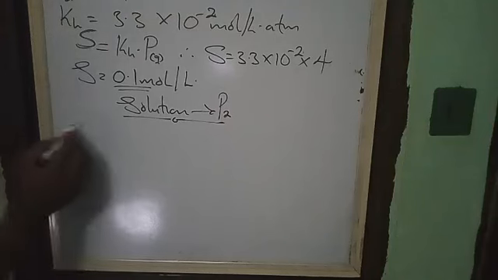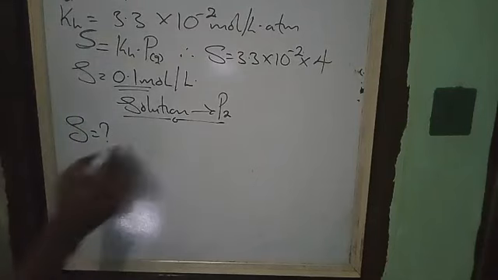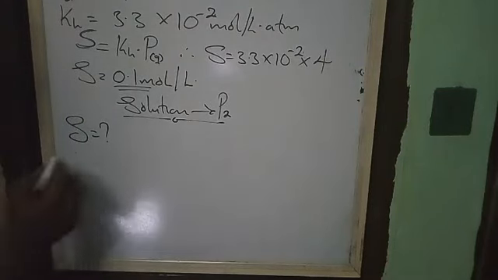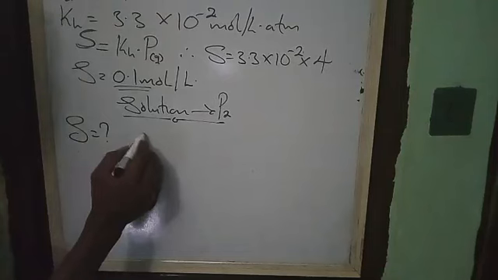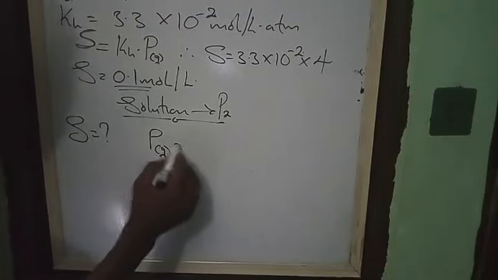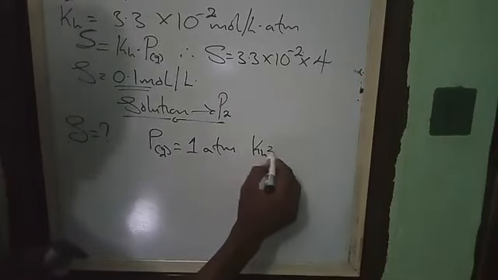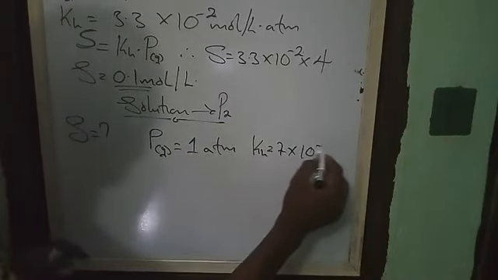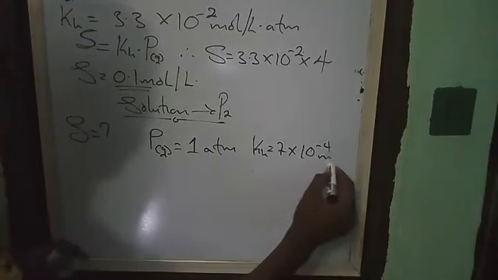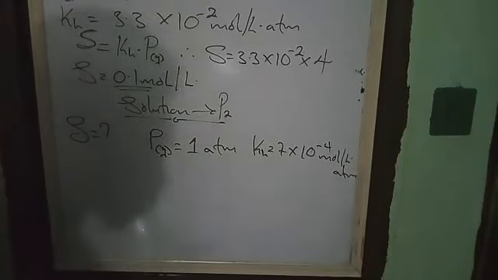So we're still looking for solubility in this question: the solubility of N2 in water. We're told the partial pressure of that gas is equal to 1 atm, and our KH is equal to 7 times 10 to the power minus 4 mole per liter atm.